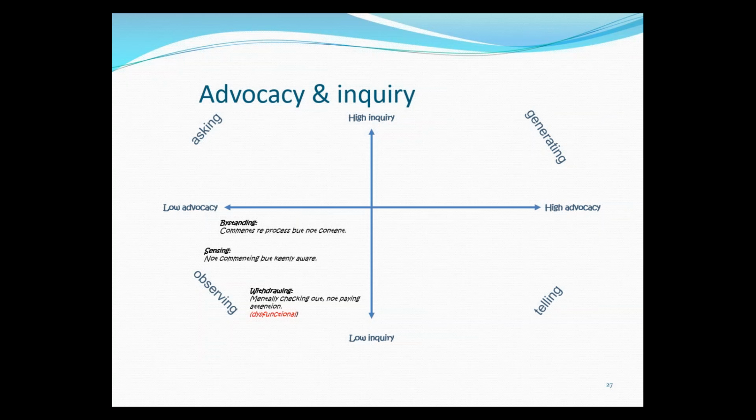And they don't make comments in the meeting, they make them after the meeting out by the water cooler or whatever. So, as the dysfunctional is pointed out here, they might be people who are just mentally checked out and they're not paying attention. So we have those kinds of folks in our meeting, or maybe we ourselves have been at meetings we wouldn't particularly want to be at, and that's our behavior.